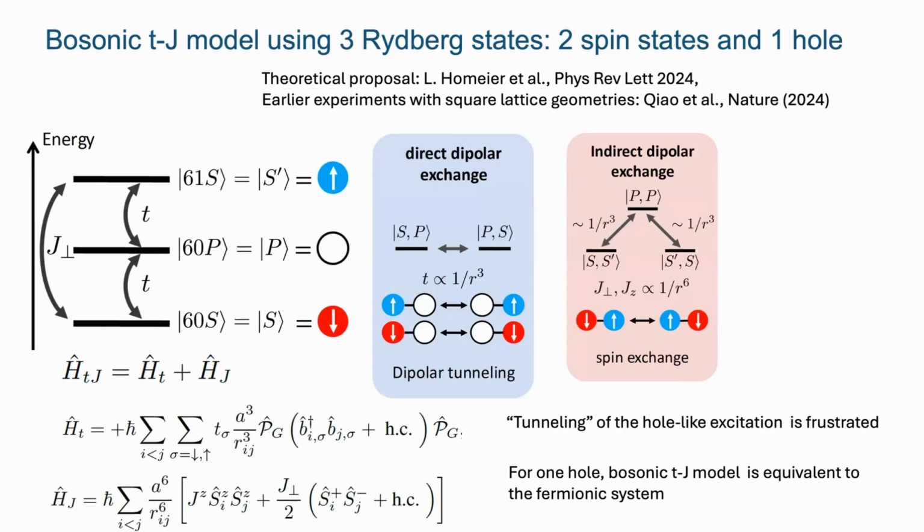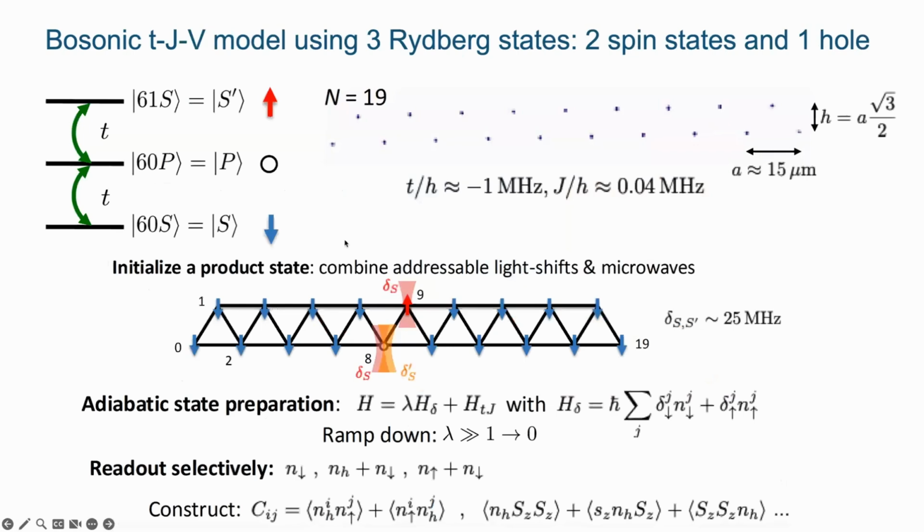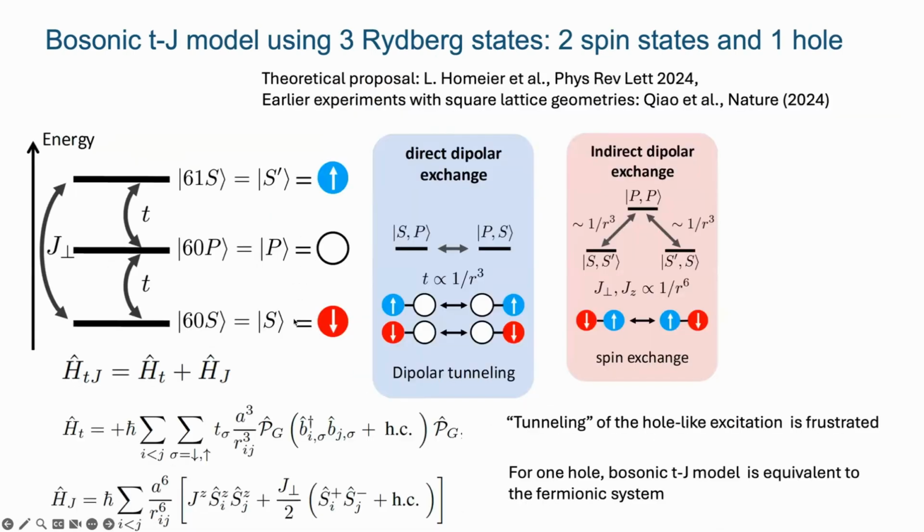They actually introduced 3 Rydberg states. So here you can see there is one p state which corresponds to the hole, and then there are 2 s states which we can think of as spin up and spin down. Now, if we think about the spin flip involving the s state which corresponds to spin up, this really looks like tunneling of the spin up particle.